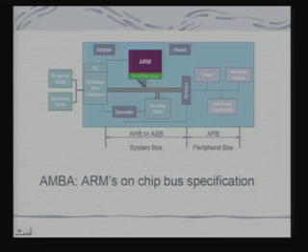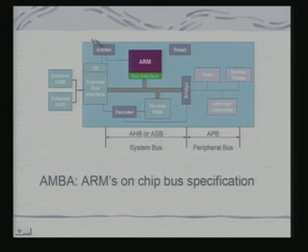So, I need to have an interface unit. So, this is the internal bus. This bus connects what we have called the system bus. This bus connects a processor to the on-chip RAM, as well as this provides the interface to the external bus interface. So, these are external devices.